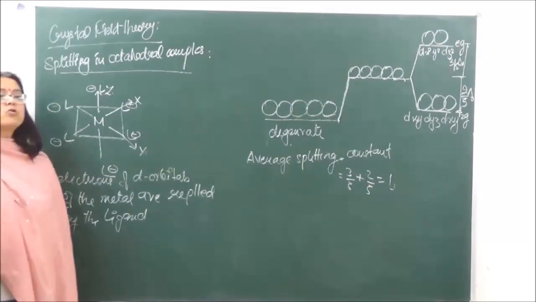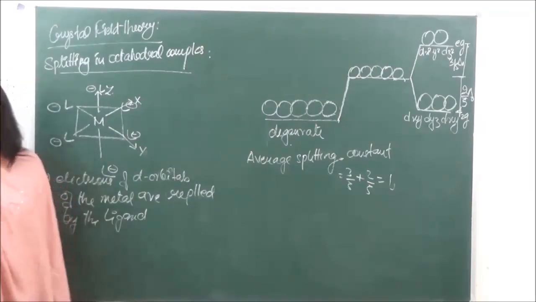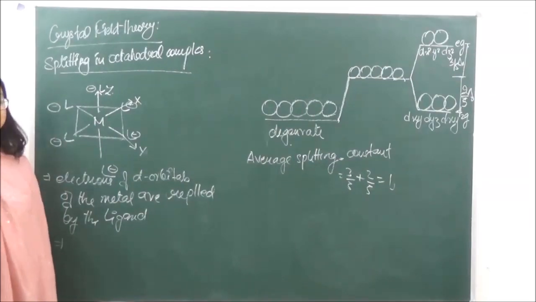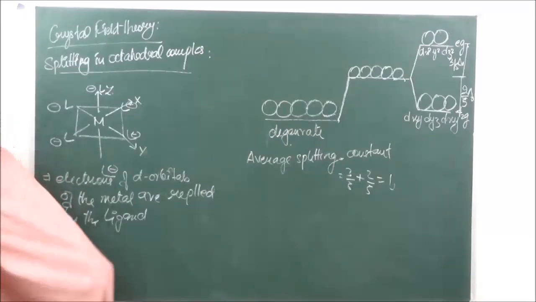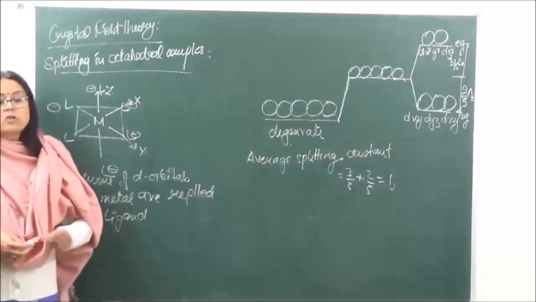That is how the splitting should always take place. There should be no change in the total amount of energy of d. Now the 3 T2g orbitals are 2/5 delta naught lower than the average d orbitals, and the other 2 are 3/5 delta naught higher than the d orbitals. So this is what crystal field splitting in octahedral complexes is.